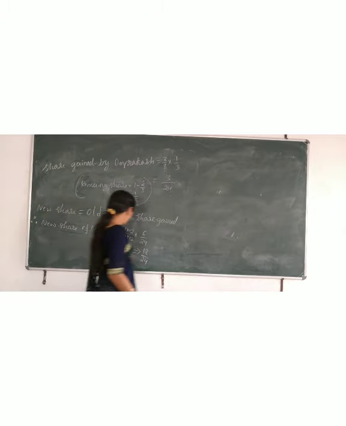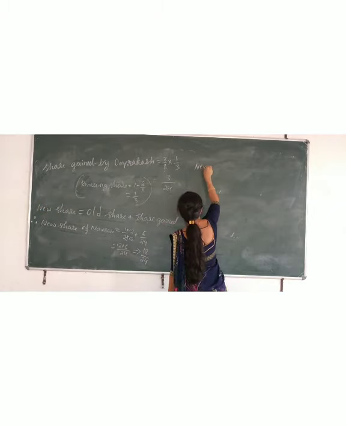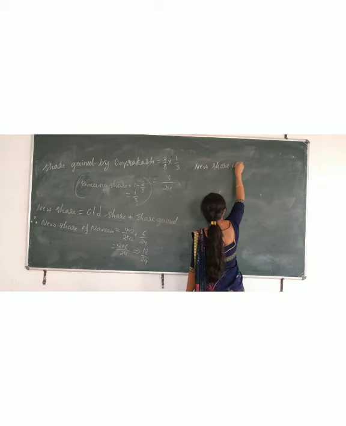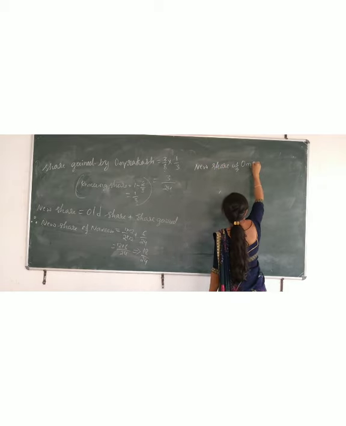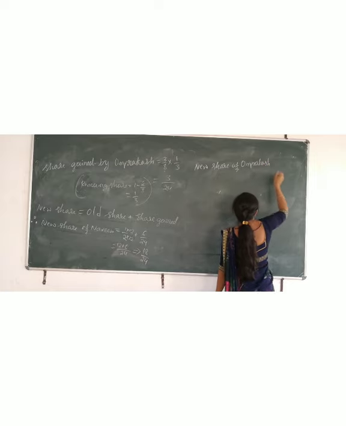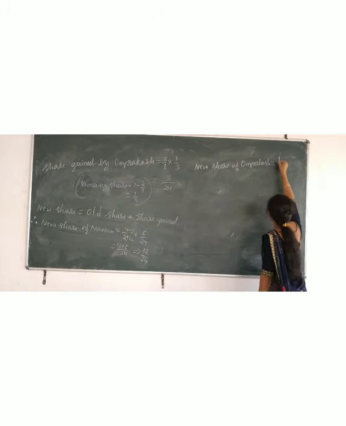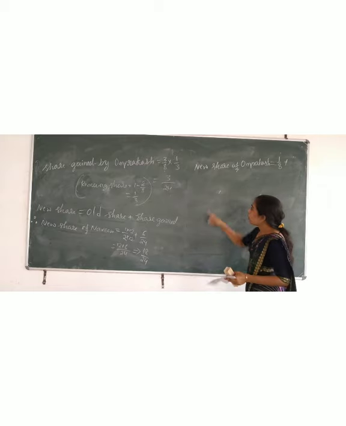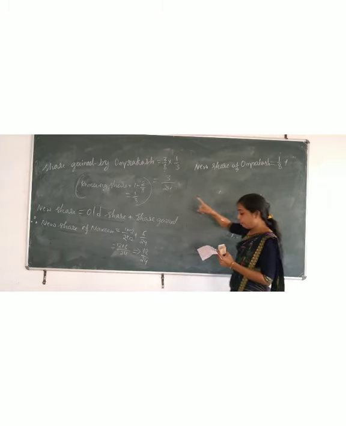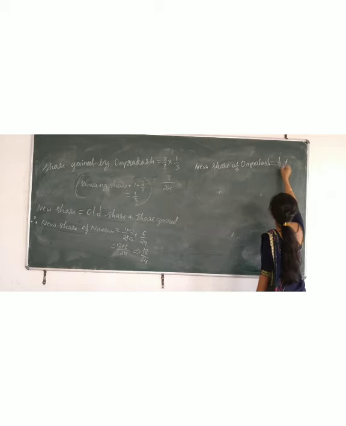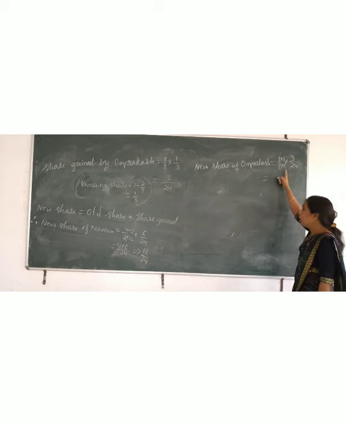Now we need to calculate the new share of Om Prakash. That is equal to the old share of Om Prakash, 1/8, plus the share gain, here we have 3/24. So 1 divided by 8 plus 3/24. 8 3s are 24, 1 3 is 3. Why are we multiplying with 3?